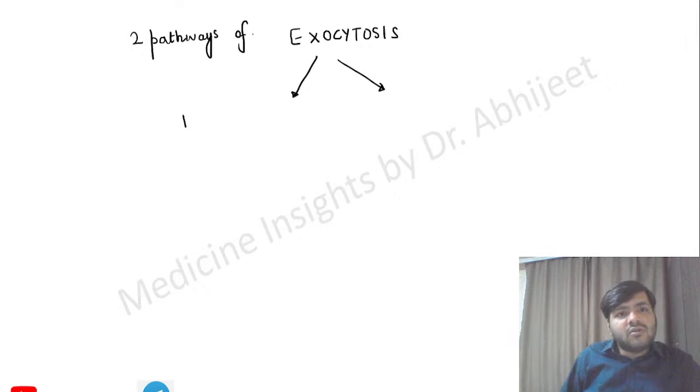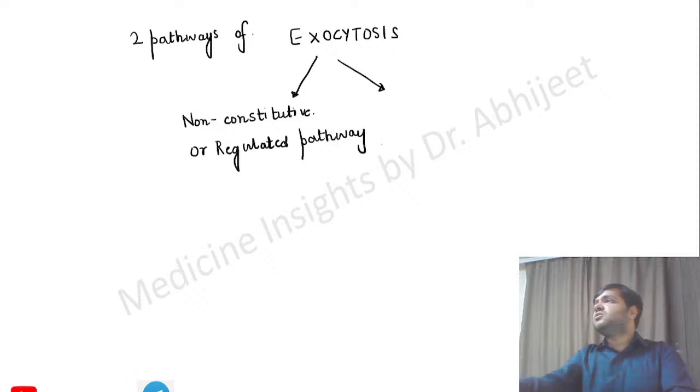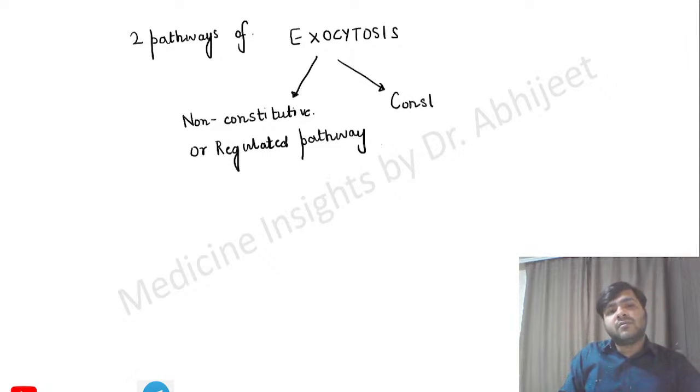One is the non-constitutive, or regulated, pathway. And the other one, beta, is the constitutive pathway.